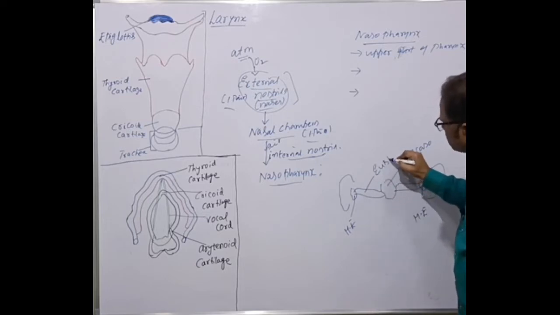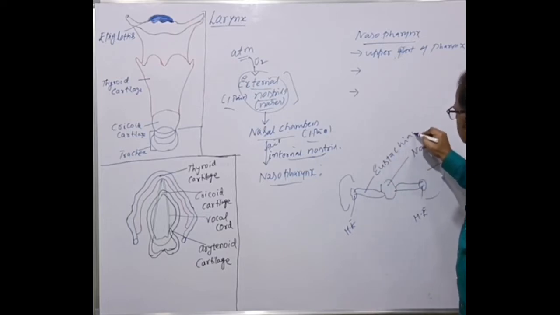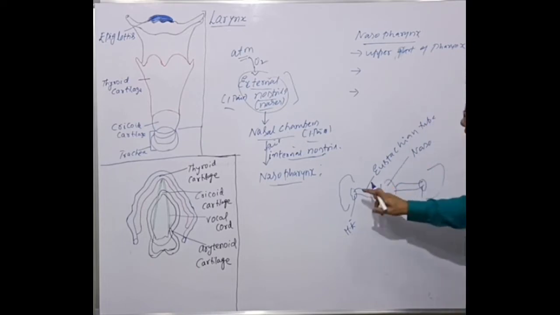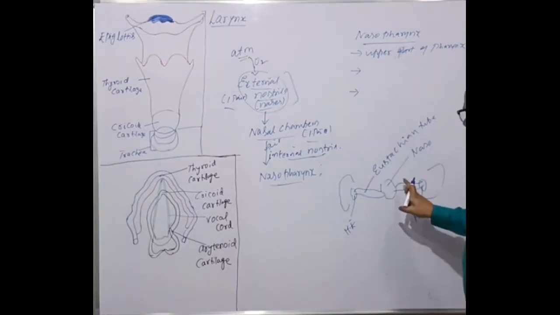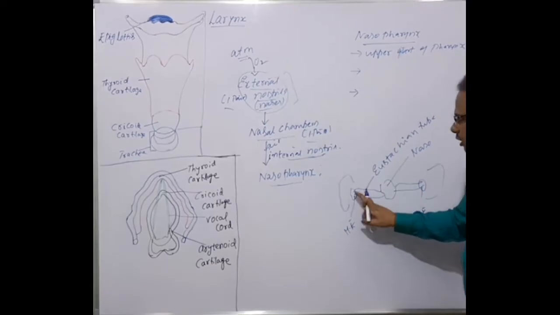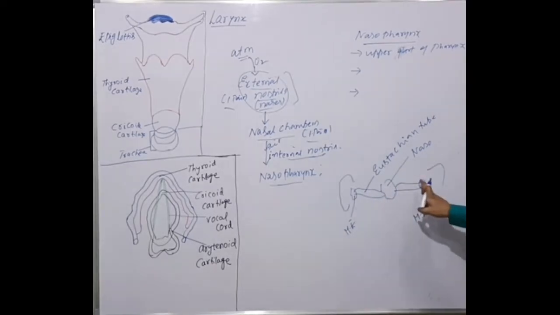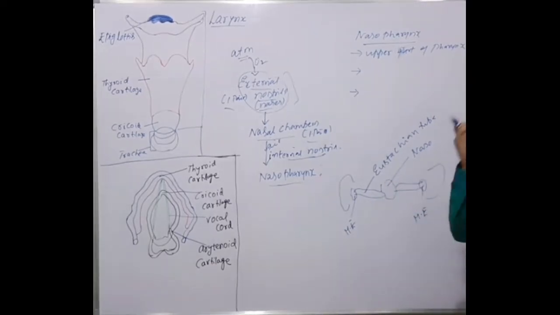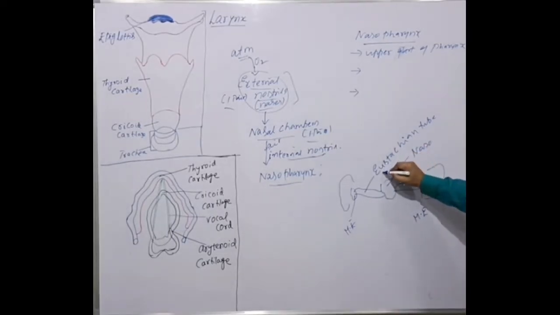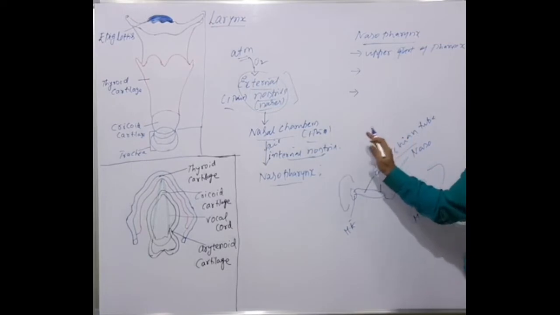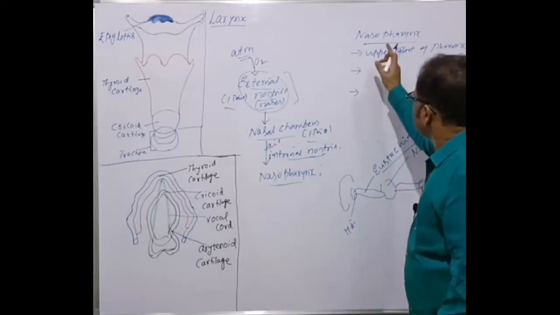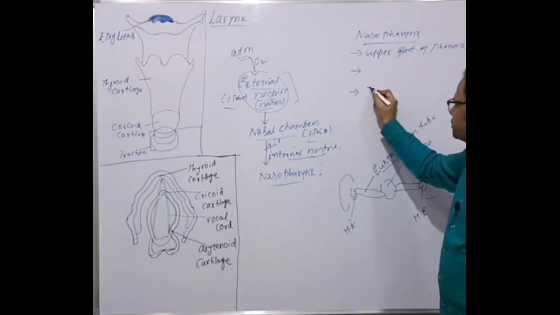They are called eustachian tubes, one towards the right side and the other towards the left side, which connect the middle ear with the nasopharynx. Two tubes are there. These eustachian tubes are made of elastic cartilage. That is the next point of the nasopharynx.